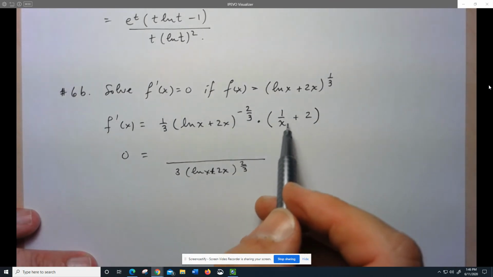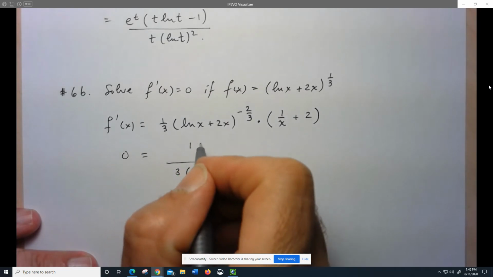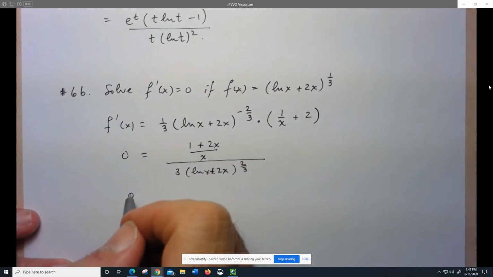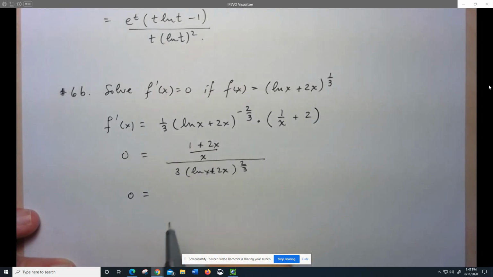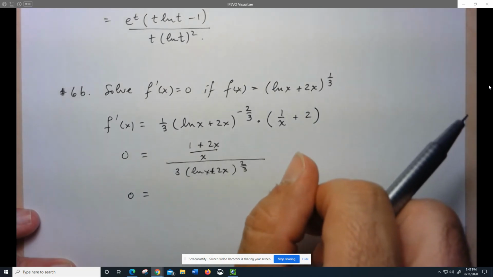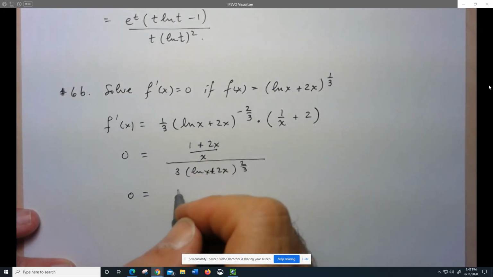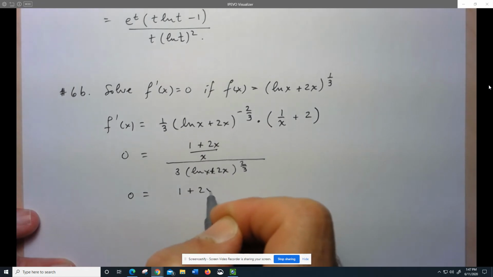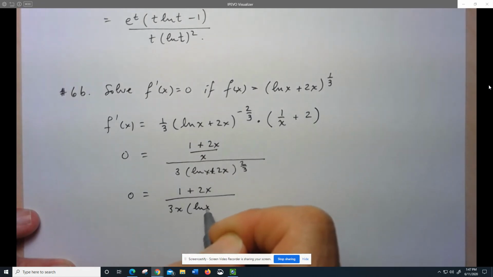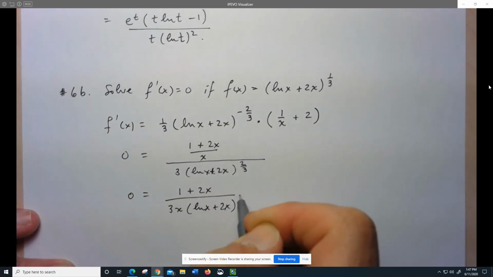Again, common denominator of x, so I'm going to have (1 plus 2x) over x. And again, this just comes into the denominator. If you need to think about it, dividing by this expression is like multiplying by its reciprocal. So I've got 1 plus 2x all over 3x times (ln x plus 2x) to the 2/3.